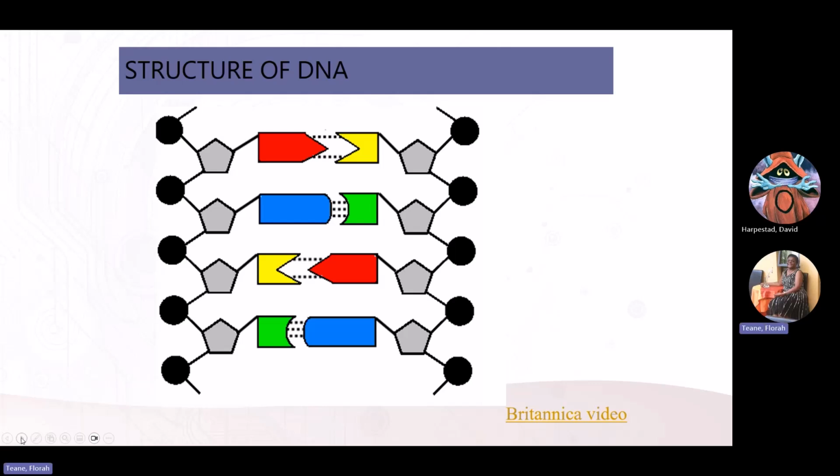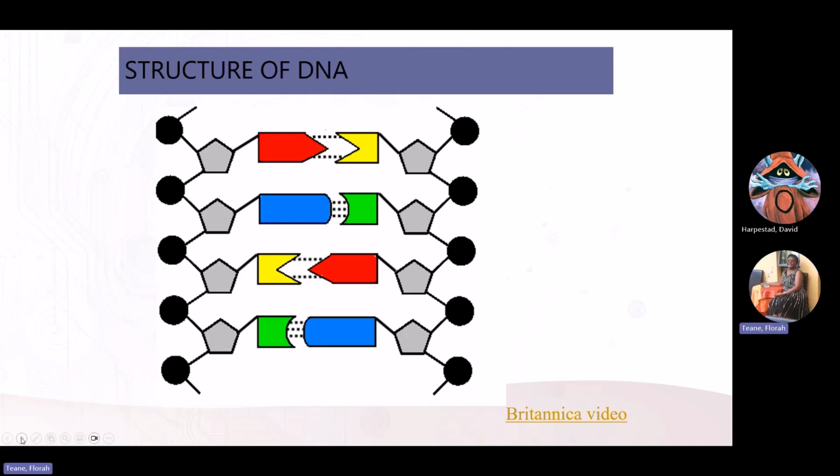Now, the purines and the pyrimidines that I talked about when I started this lesson, indicating to you that the purines for DNA are guanine and adenine, and the pyrimidines, thymine and cytosine.